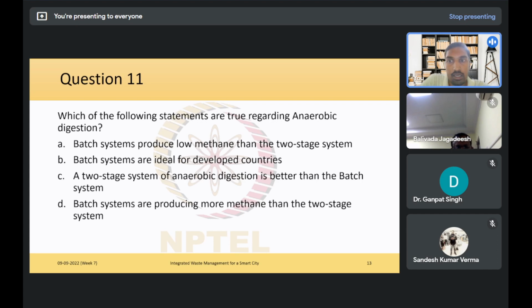The options are: batch systems produce low methane than the two-stage system. Batch systems are ideal for developed countries. A two-stage system of anaerobic digestion is better than the batch system, and batch systems are producing more methane than the two-stage system. The questions from now on are multiple select questions, so more than one option could be correct.